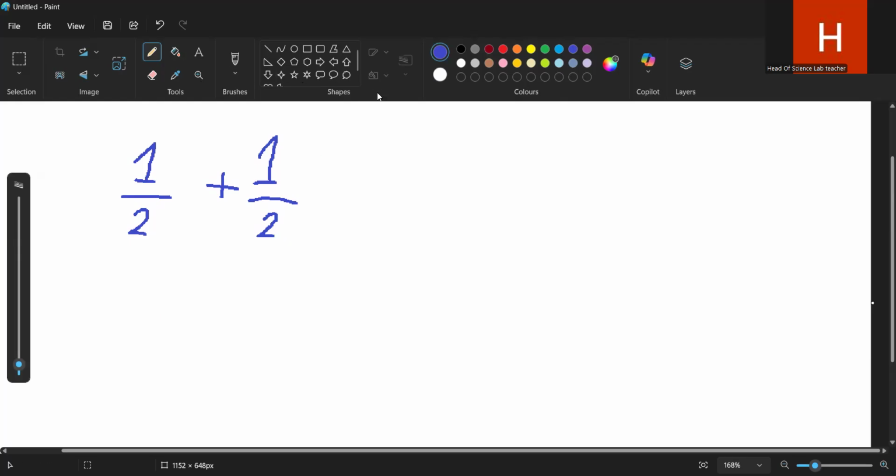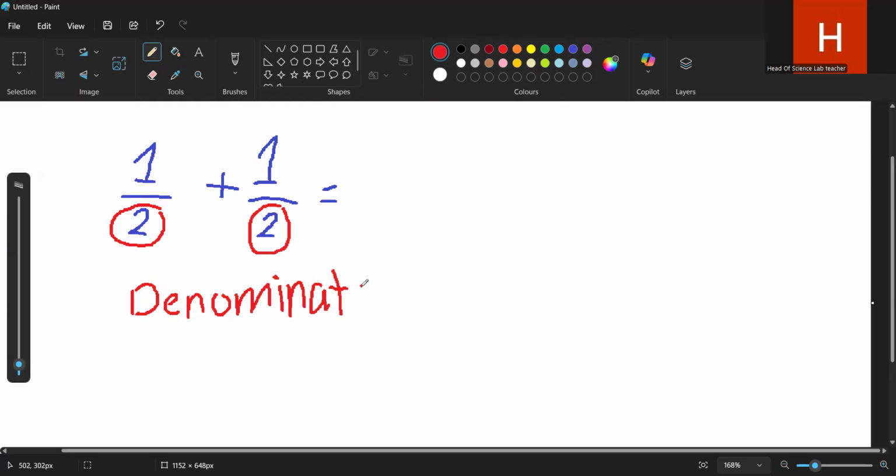The reason we can add these two fractions is because the numbers on the bottom, which we call the denominators, are the same. So if the numbers on the bottom are the same, then you can add both fractions.